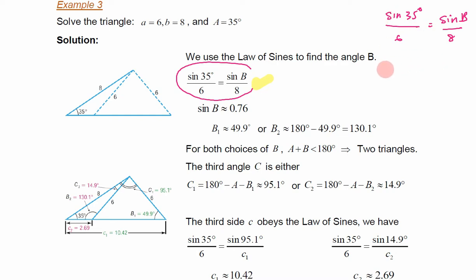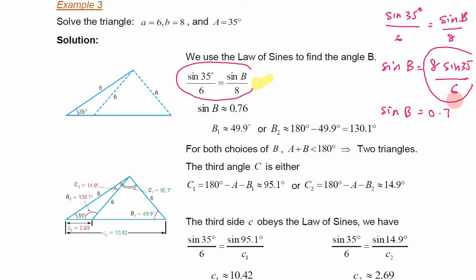So we get sine B equals 8 times sine 35 divided by 6. Use your calculator and you will get sine B equal to 0.76.